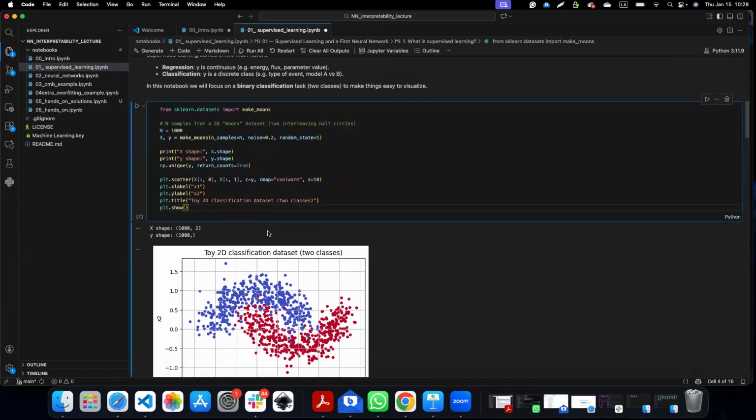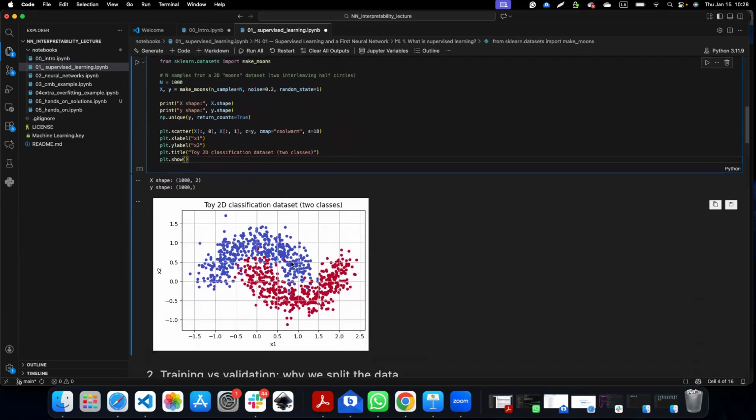Say that we have this data. It's kind of three-dimensional because you have one parameter and a second parameter. For example, it could be luminosity against, I don't know, lux, just two parameters. And then you have the blue dots and the red dots.